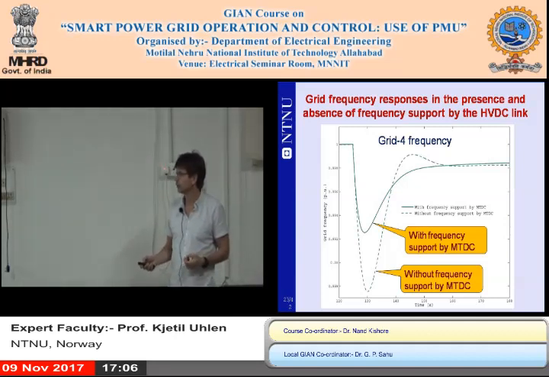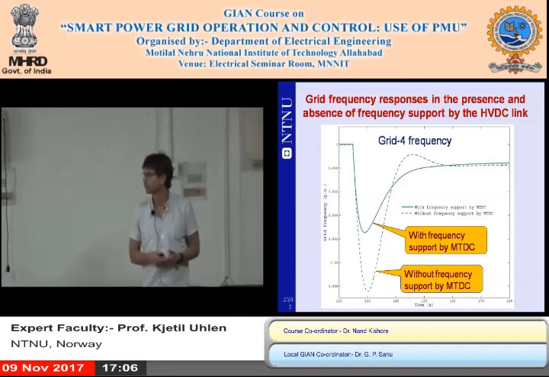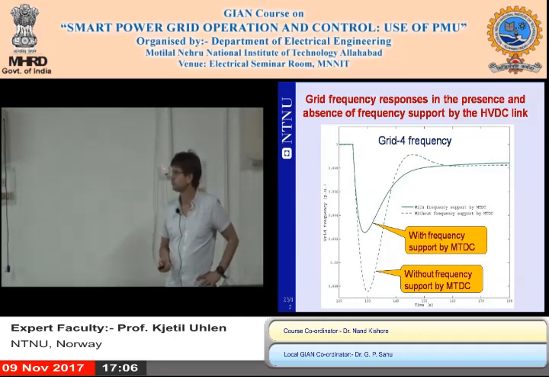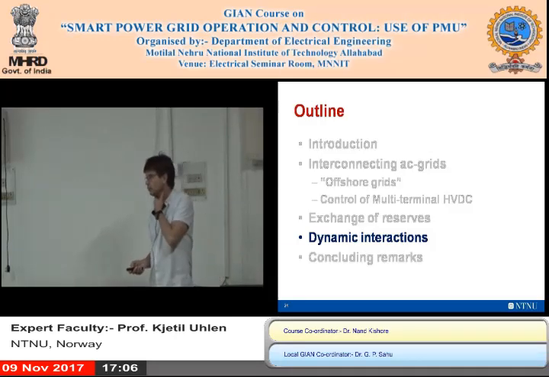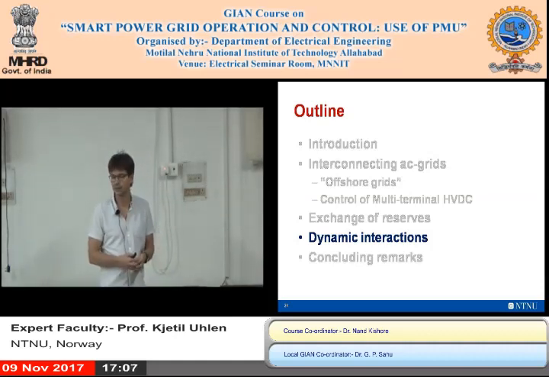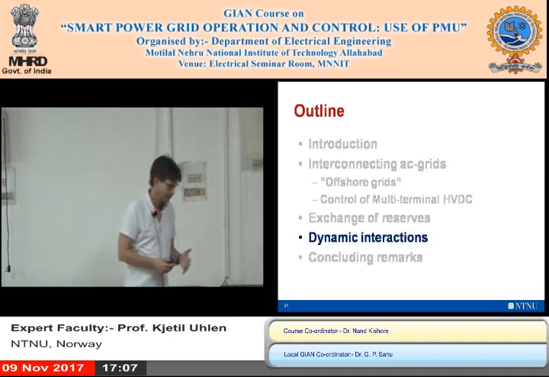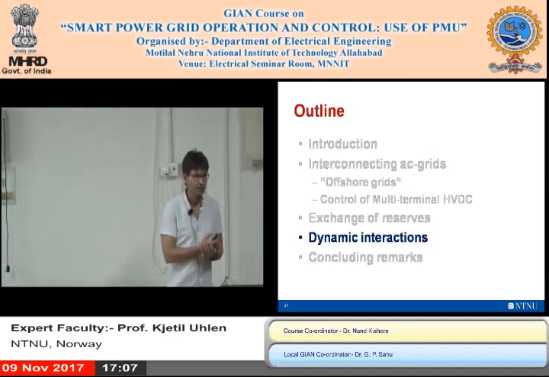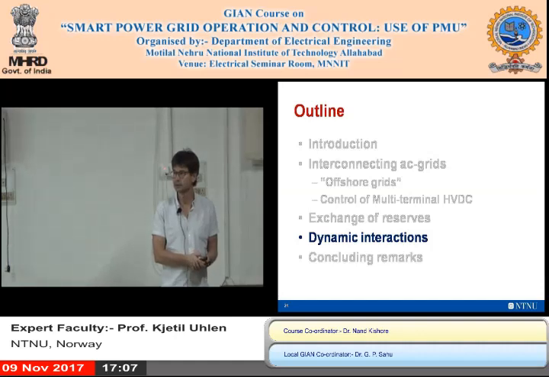So without this support, you could have a severe frequency drop, but with the support, the frequency drop is very much limited because of the help it gets from the other systems. And then, well, this is good, isn't it? Everything is fine. It's just that we don't know if this will work properly until we do some detailed analysis.